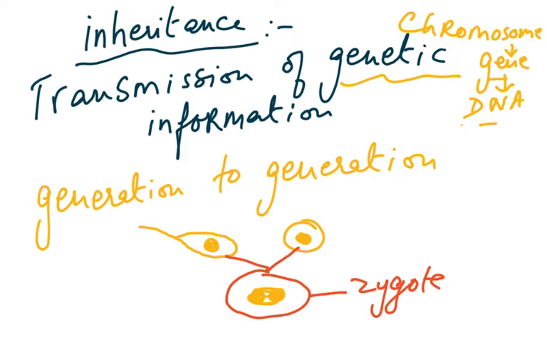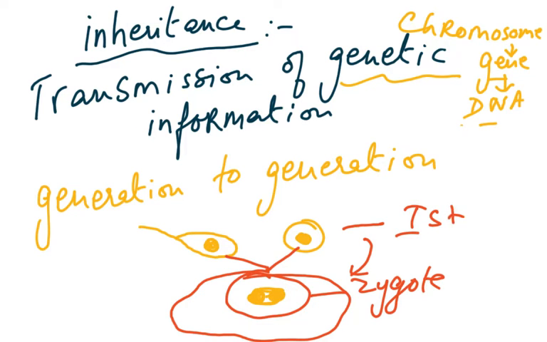Now, both this genetic information now passes on to the new cell, which is called the zygote. This zygote is going to develop into another human being or any other living organism. So now the genetic information from this generation has passed on to the second generation. So this is the first generation and this is the second generation. You've got to understand it instead of just remembering transmission of genetic information generation to generation.